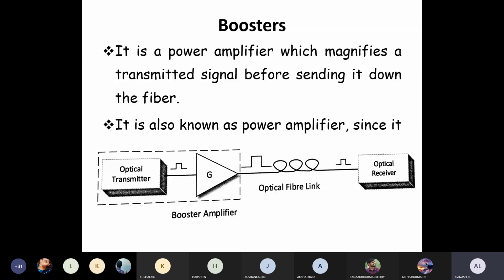Once it is done, optical fiber length takes place.